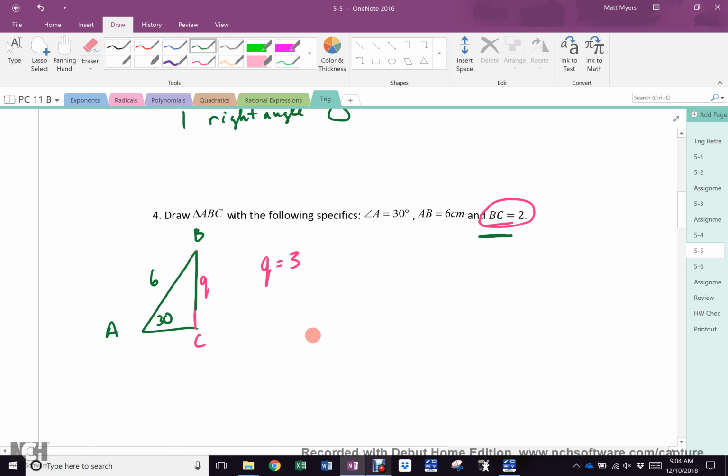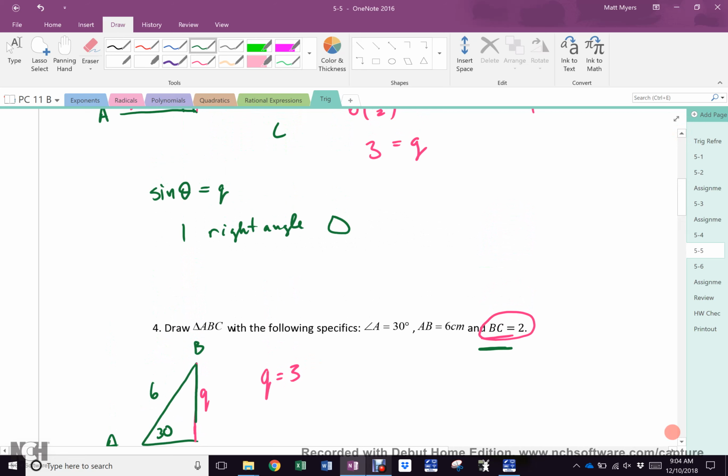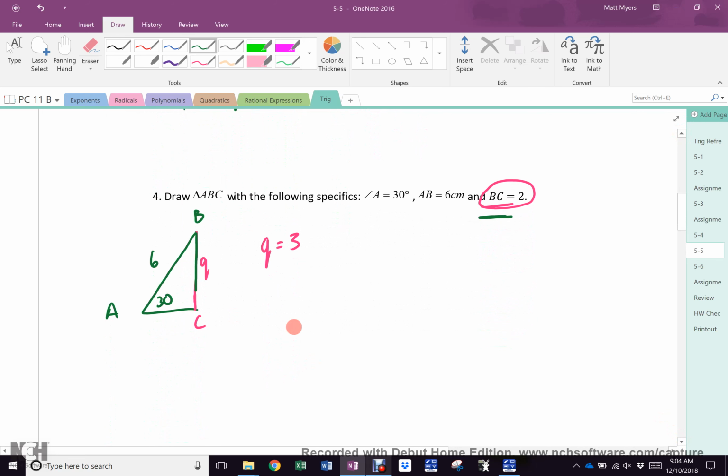So if your Q is less than your C, your other side, you can't make a triangle. This Q will just swing like a pendulum. Everybody cool? So if Q is less than C, there are no triangles possible.